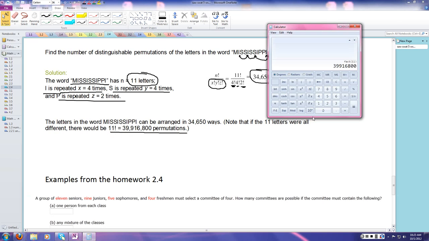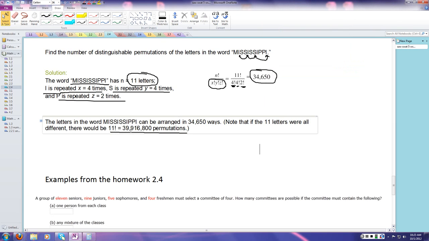So 39,916,800 different permutations. But since we have some repeats, since I is repeated and S is repeated and P is repeated, it's dividing out by any combinations that are the same. You only actually get 34,650 different ways versus the 39 million different permutations.